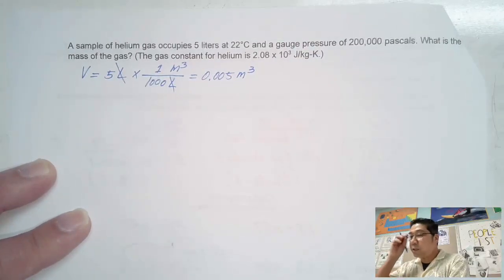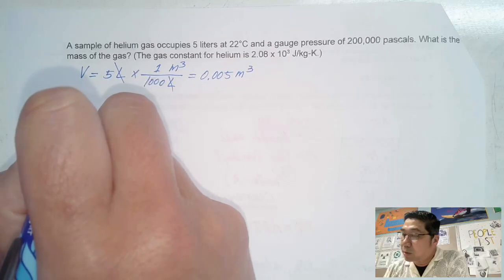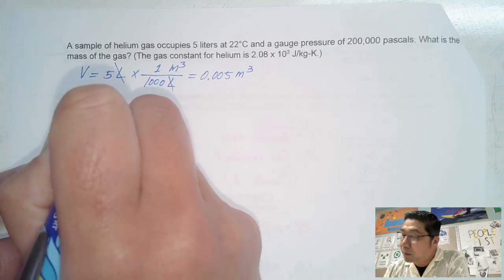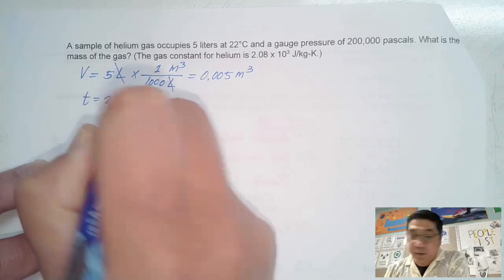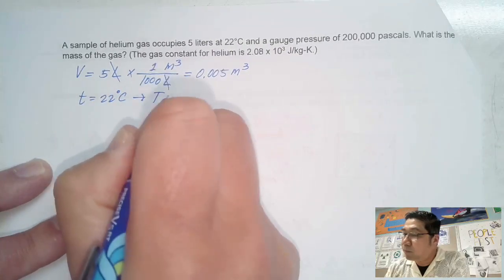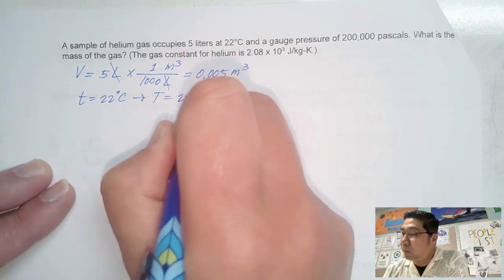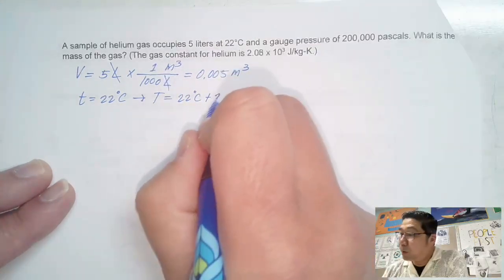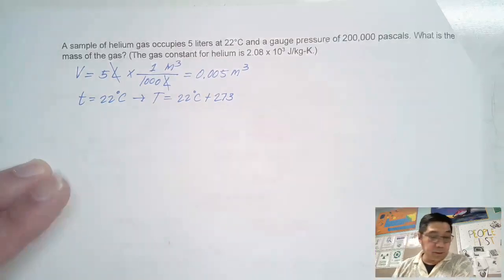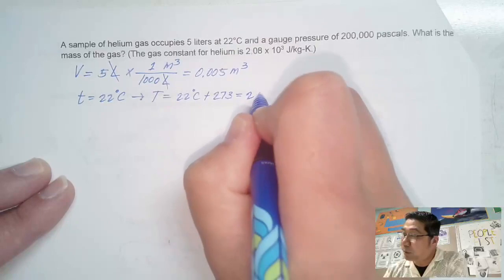The next information that we have is 22 degrees Celsius. So that's lowercase t, 22 degrees Celsius. How do you change this into uppercase T? That's 22 degrees C plus 273, which gives us an answer of 295 Kelvin.